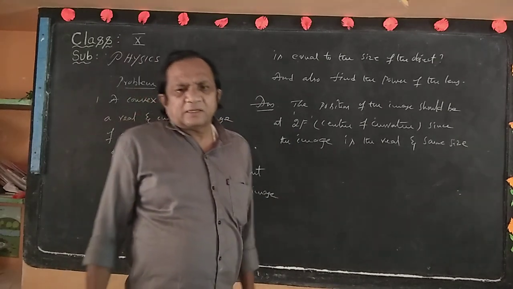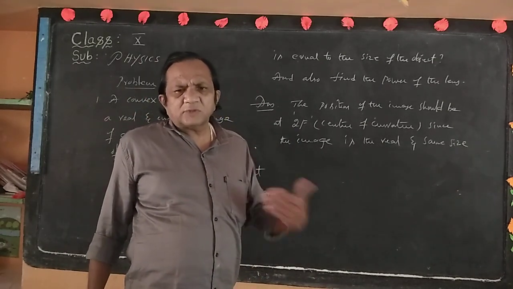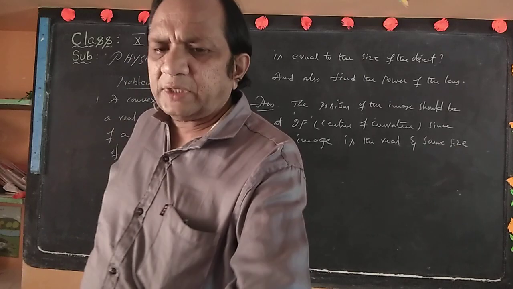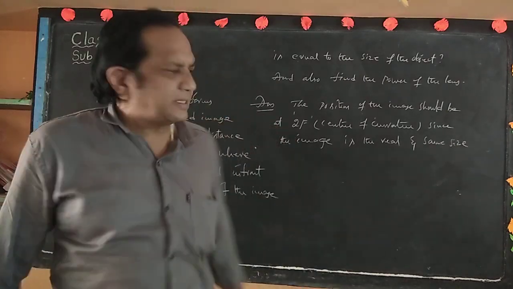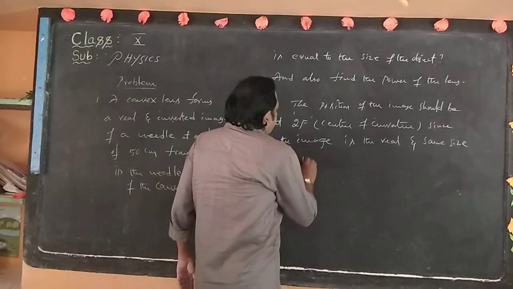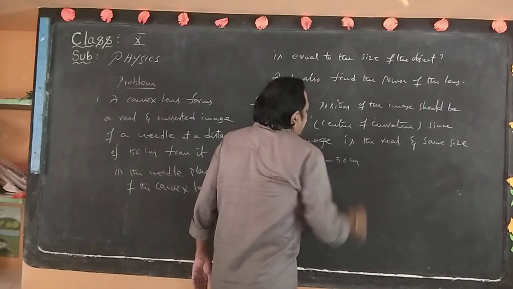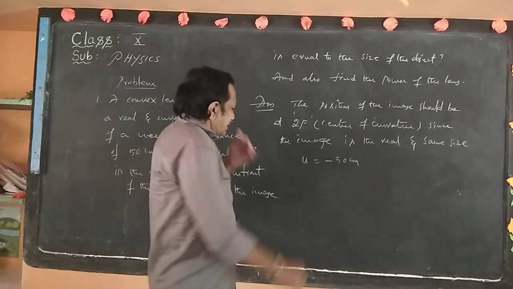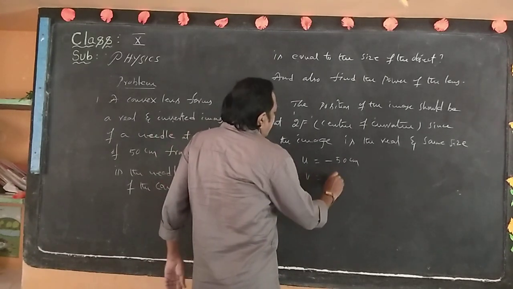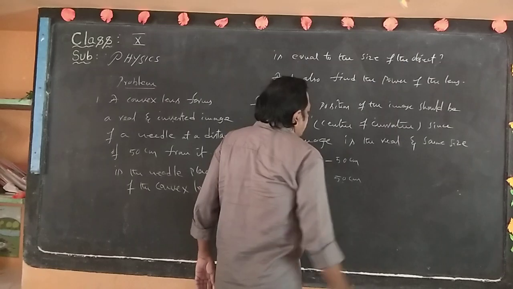Object distance is given as 50 centimeters, so object distance u is equal to minus 50 centimeters, remember that in a convex lens u becomes negative, and v is also 50 centimeters, same size, same distance.